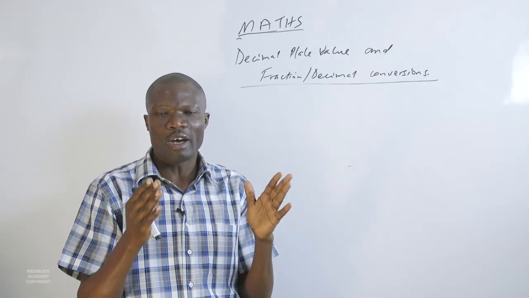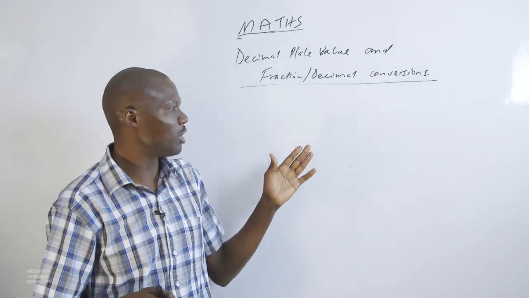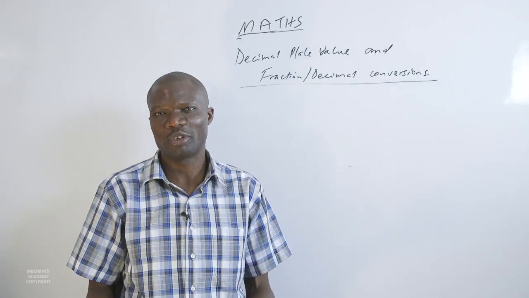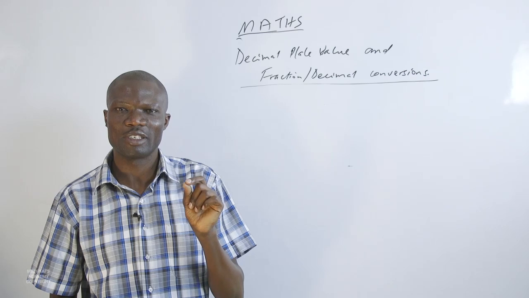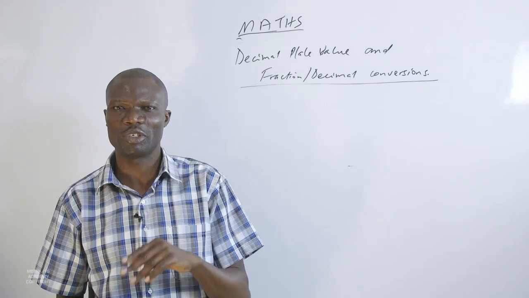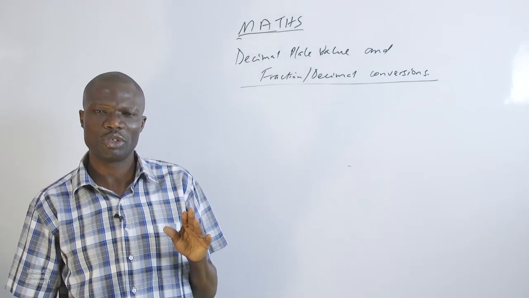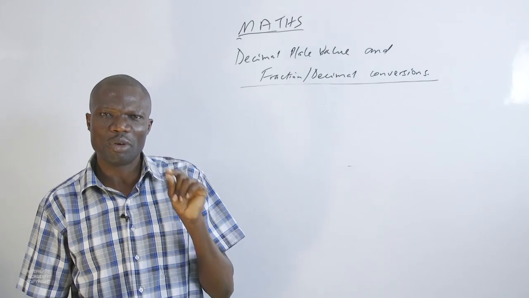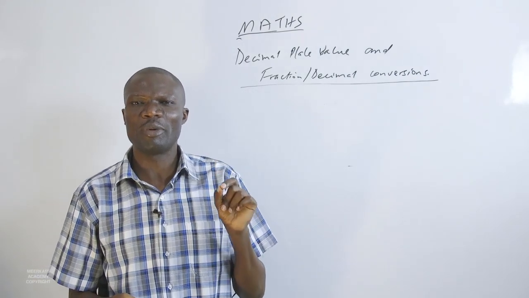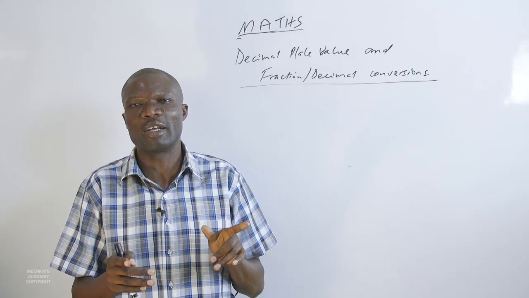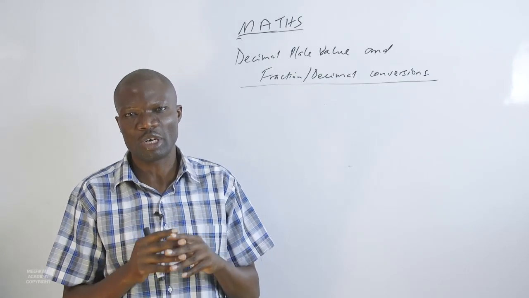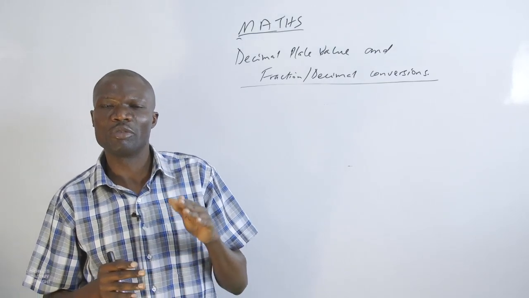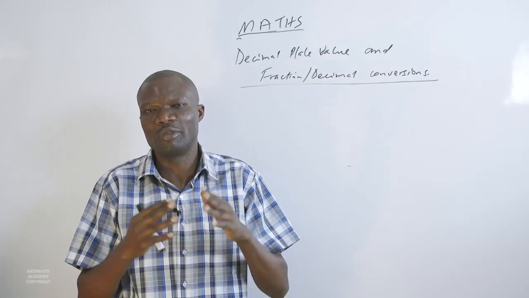It is not enough to say that we can only use the simple method of counting zeros to convert a fraction into a decimal. It is not always true like that. The most common method which will never fail, and is applied in whatever type of fraction, is the method of dividing, the division.